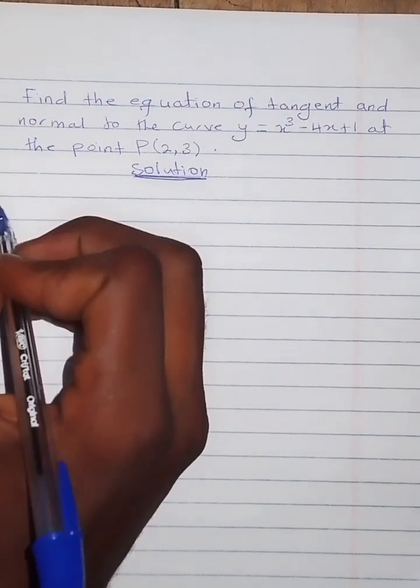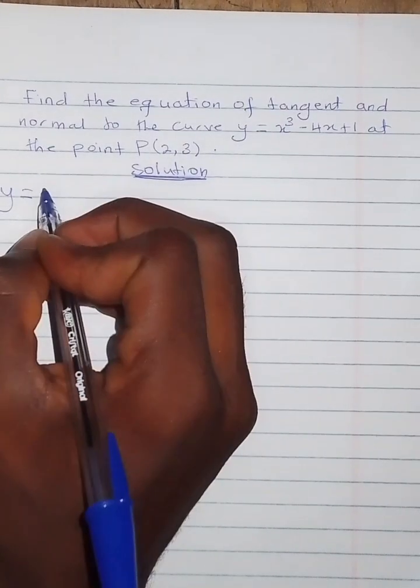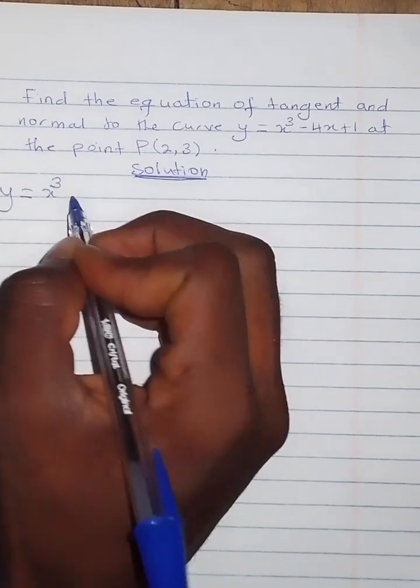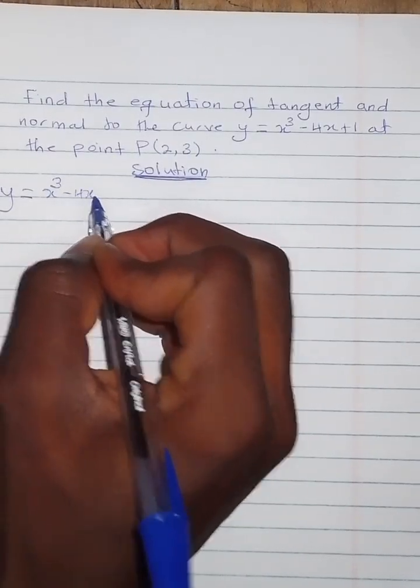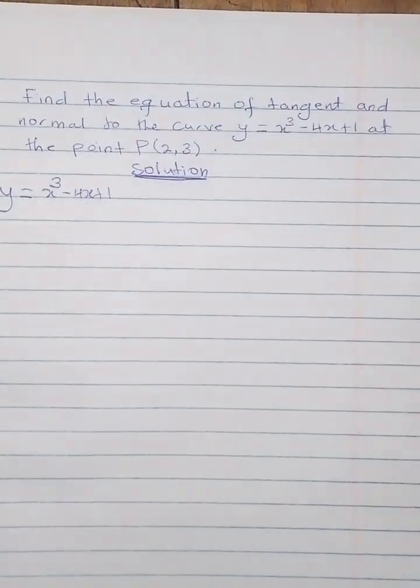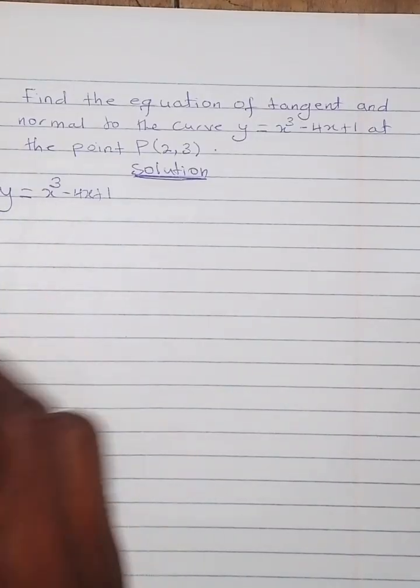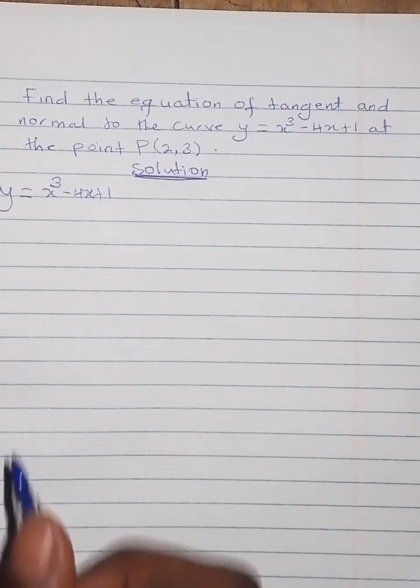To find the equation of a line, we need the gradient before we can find it. But we're given y to be equal to x cubed minus 4x plus 1. So we are going to differentiate this to get the gradient function.